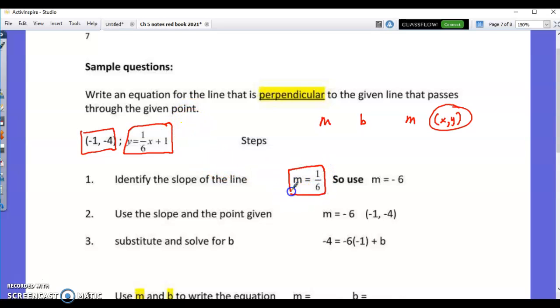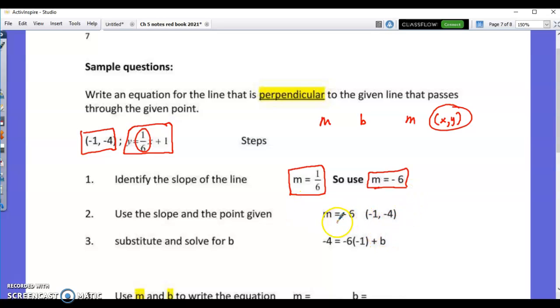So all we need to do, this whole equation, we just need to pull out that 1/6 to start working with it. Once we know that we're looking for a perpendicular line, we have to take the opposite reciprocal of this number. The opposite would be going from a positive to a negative, and then we flip the 1/6 to 6/1. So we're basically using this, m equals -6.